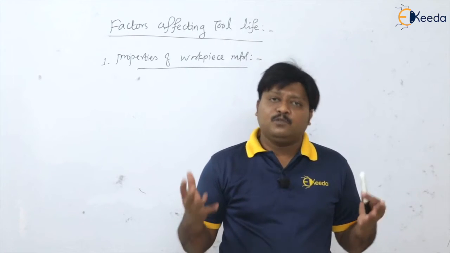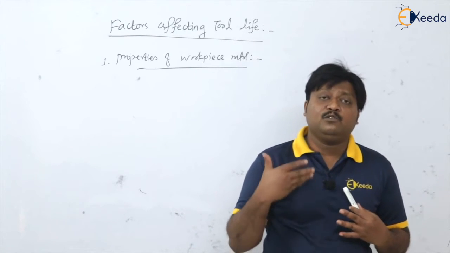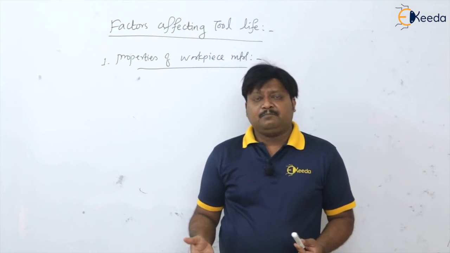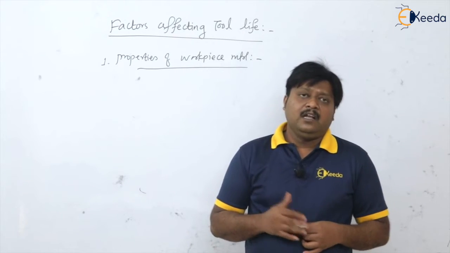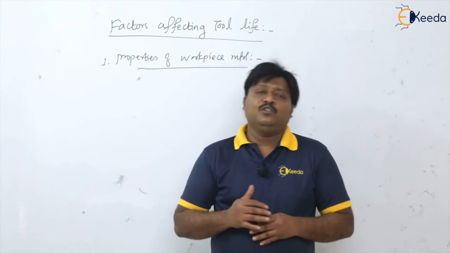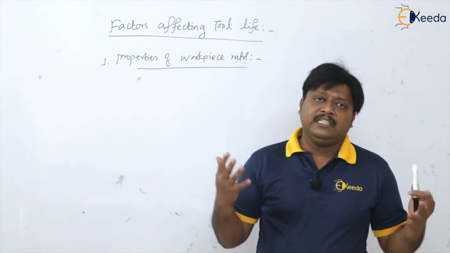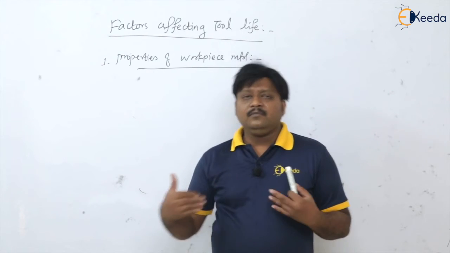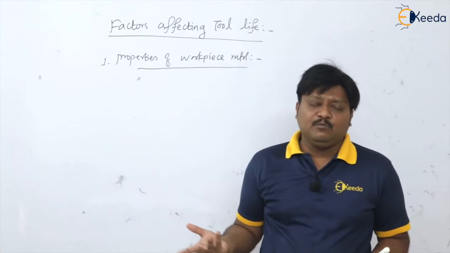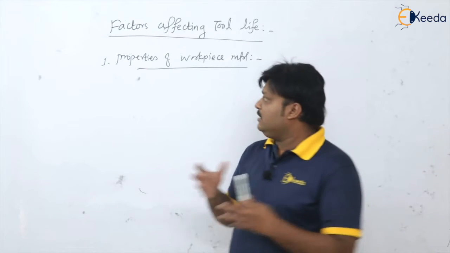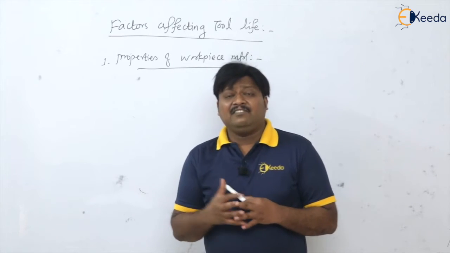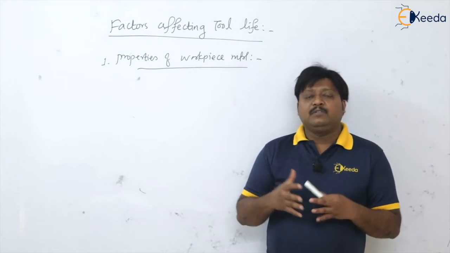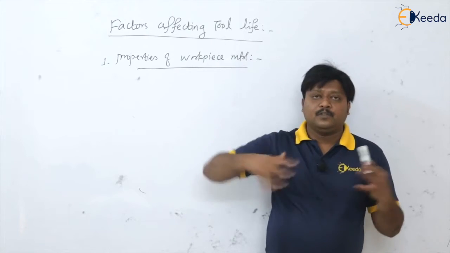So the tool life that we are going to get in this machining is definitely less. On the other hand, suppose the given workpiece for machining is very soft and ductile, so definitely we are getting the maximum tool life, isn't it? So in this way we can correlate the tool life with the workpiece material.